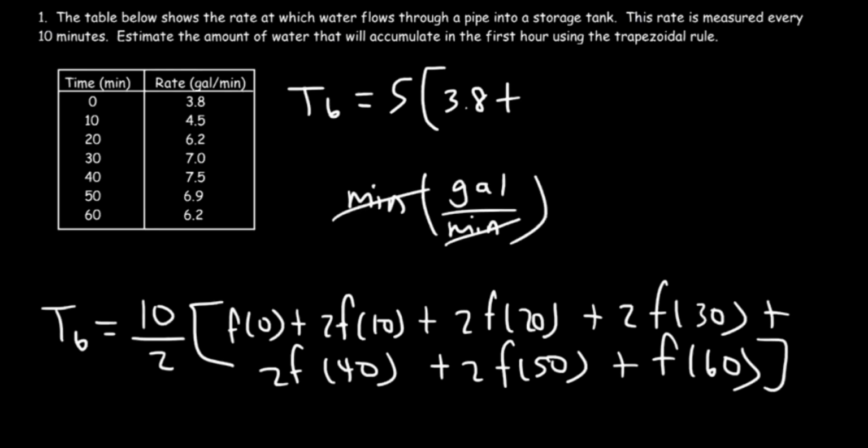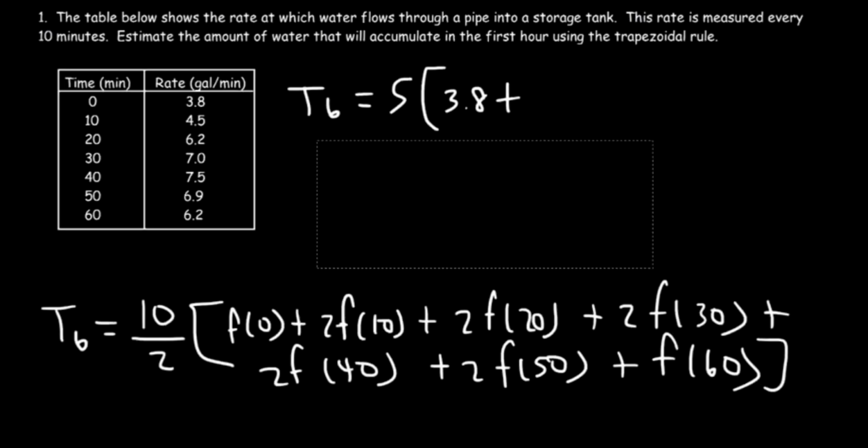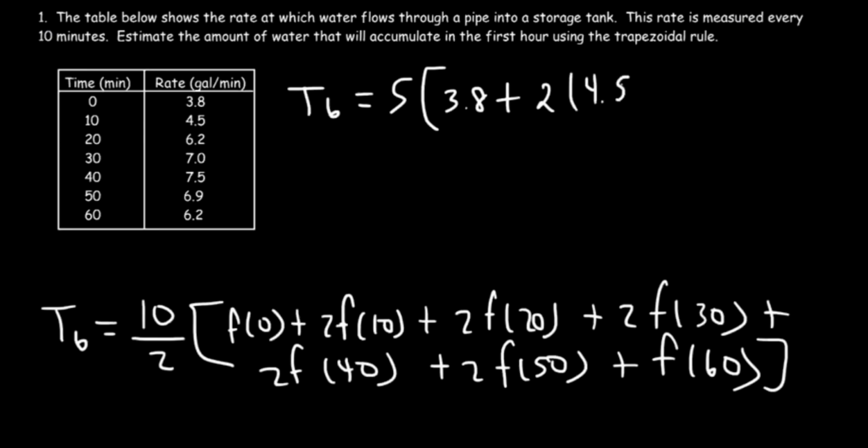10 divided by 2 is 5. F of 0 based on the table is 3.8 gallons per minute. Now, if you multiply the minutes, because it was 10 minutes divided by 2, times the gallons per minute, you are going to get the amount of water that accumulates in the tank in the unit of gallons.